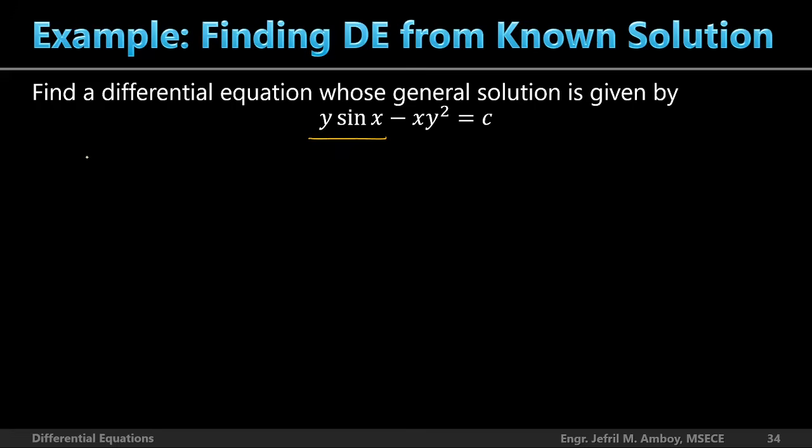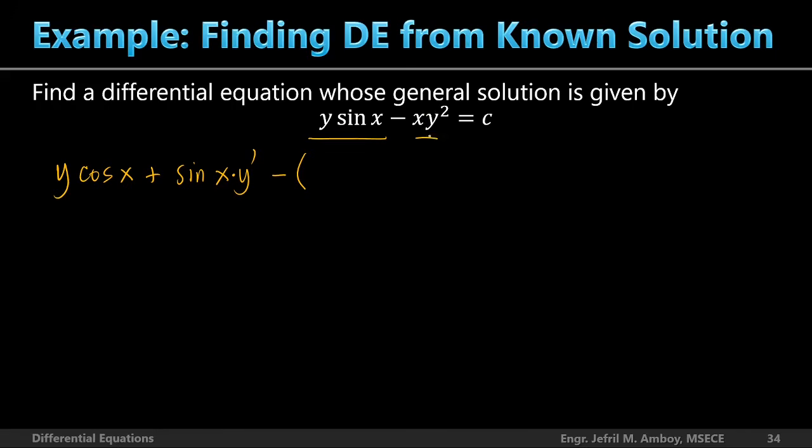So, differentiating, we have y, and then the derivative of sine x is cosine x plus sine x times the derivative of y. Of course, with respect to x, that's y prime. So here we have sine x times y prime. And then minus, so again, if you see a minus sign, put it in parentheses right away so you don't make a mistake with the sign.